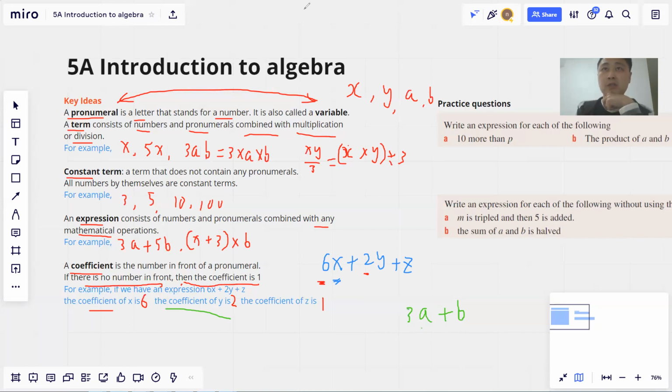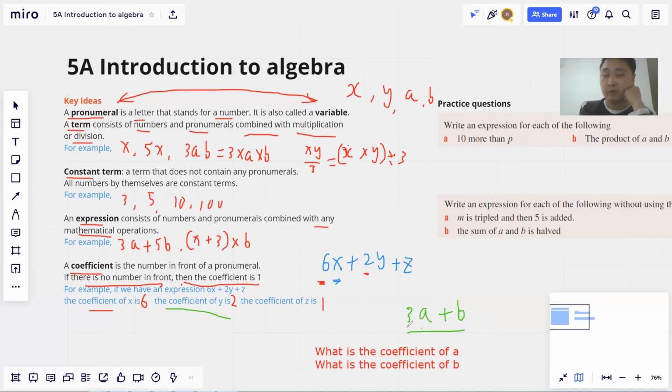So what is the coefficient of a? If we have this expression, 3a plus b, we want to find the coefficient of a. So let's have an answer. Thank you, Ethan. That's the correct answer.